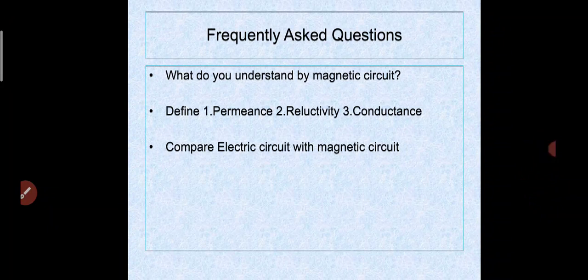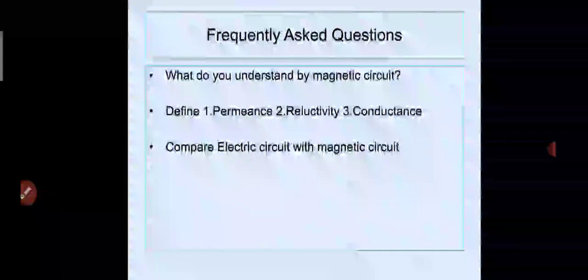And in this class, the most important question is to compare electric circuit with magnetic circuit, the difference between electric circuits and magnetic circuits. The closed path for electric current is known as electric circuit.